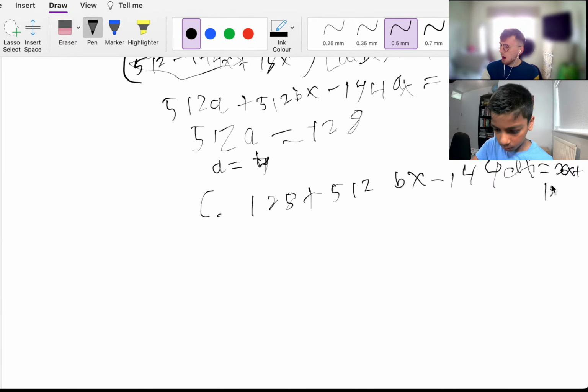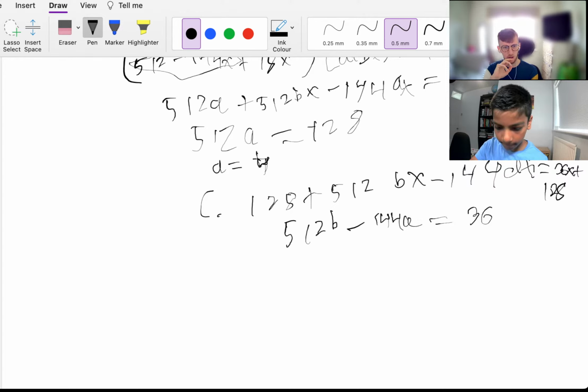So all we need is 512b minus 144a is 36. Good, so now we're equating our coefficients of x.